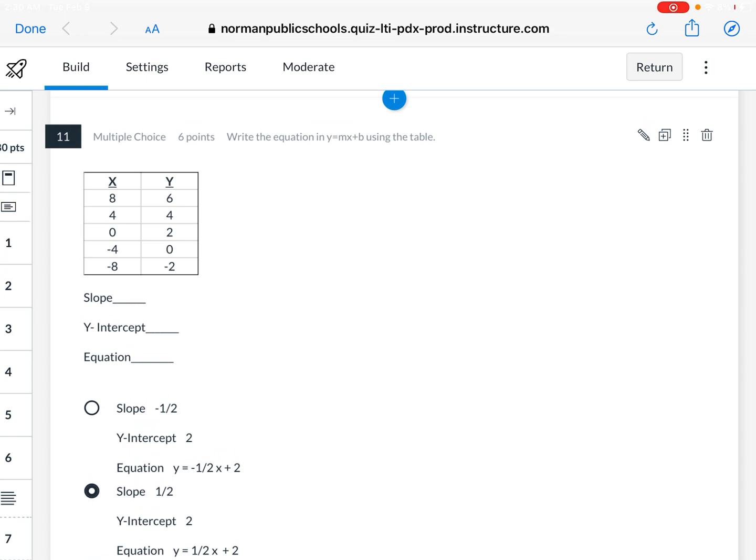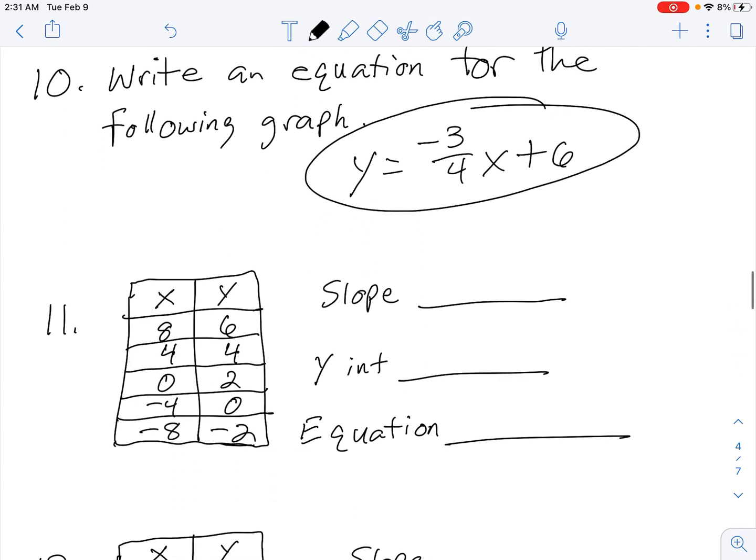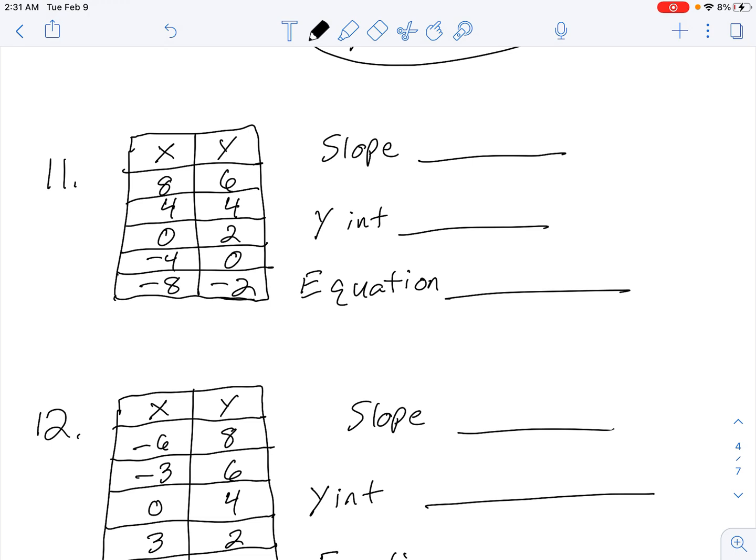All right. Number 11, okay? Write the y equals mx plus b equation. So I'm going to go back here, and I'm going to show you. So pretty simple. On these problems right here, you actually do have a true trend, okay? So remember, it's y over x, all right?